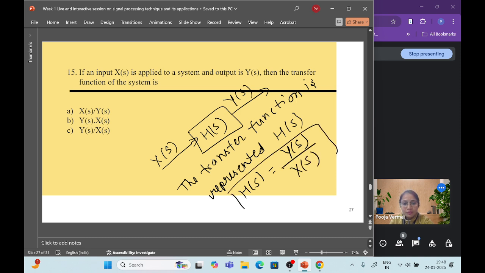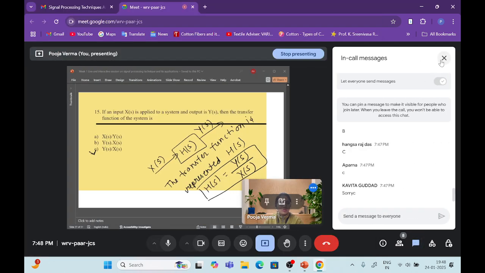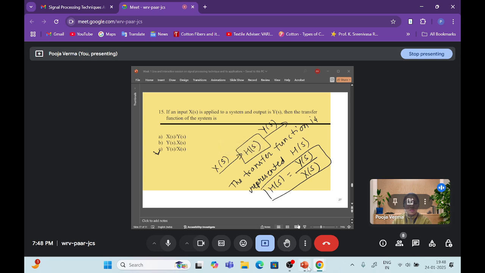Okay, so option C is the correct answer for this question. Already all of you have given the answer in the chat box. So moving to the next question.